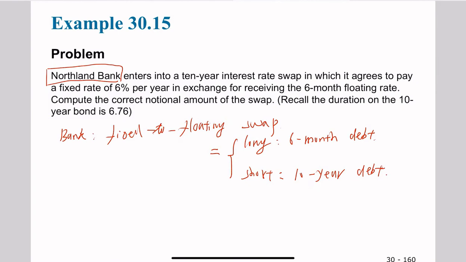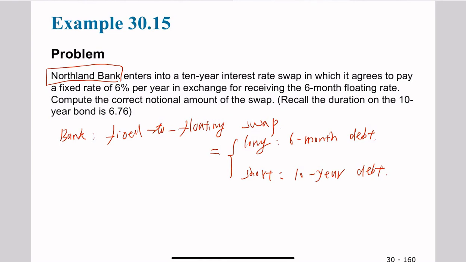Now, if you have a long position in the 6-month debt and a short position in the 10-year debt, this basically means you're selling long duration debt for short duration debt.